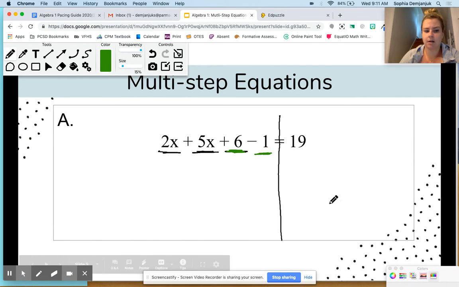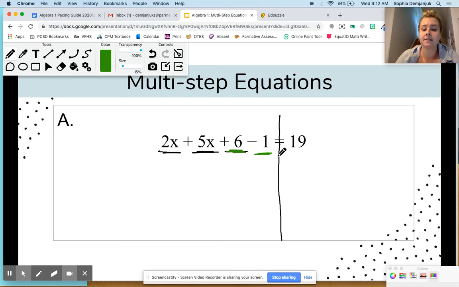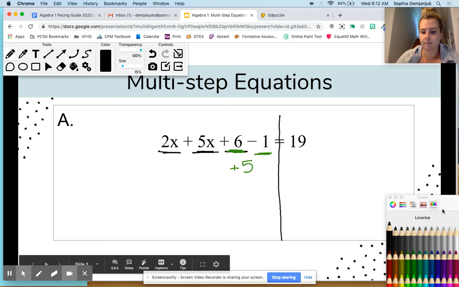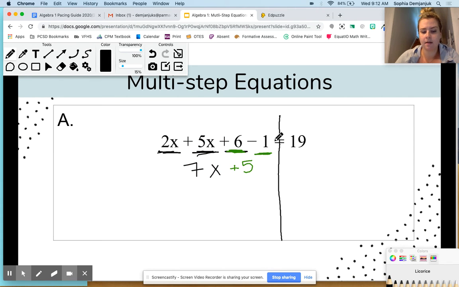They're just numbers. So we're working on the same side, we don't do the opposite. We just combine them. Positive 6 and negative 1 combine to give me positive 5. 2x plus 5x combine to give me 7x. There's nothing left on the left side to bring down, so I'd say equals 19.